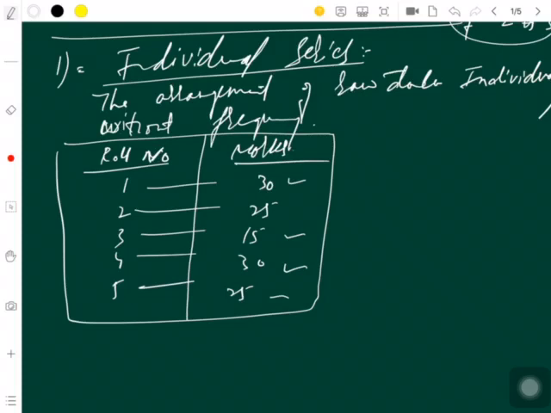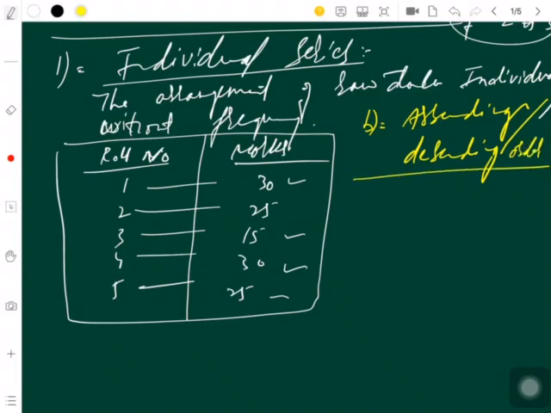Exactly, individual series. Any individual series can be arranged or converted in ascending or descending order. So how can ascending and descending order be used? See, I'll do the same thing on this very table. If I am making the ascending order, roll numbers will be given later.